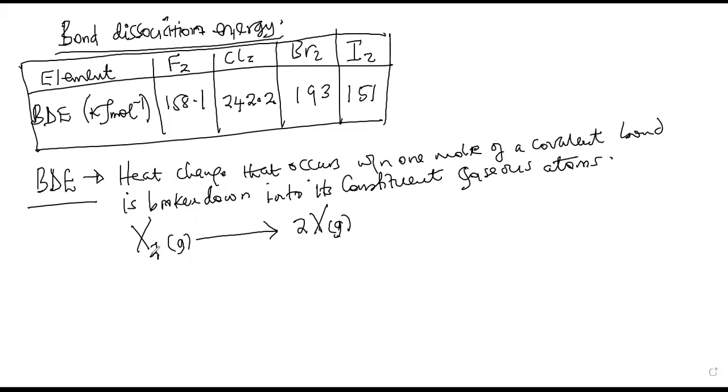All right. So bond dissociation energy is the energy that occurs when one mole of a covalent bond is broken down into constituent gaseous atoms. For example, if chlorine breaks down to form 2 gaseous chlorine atoms.